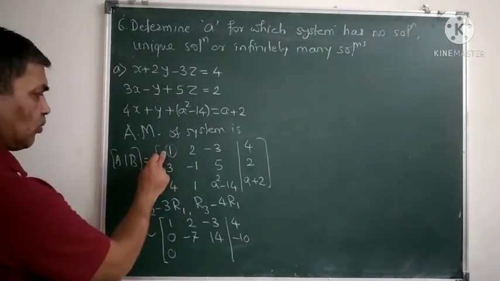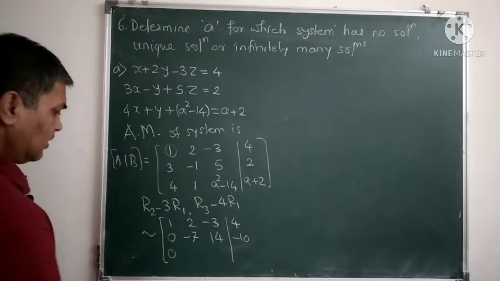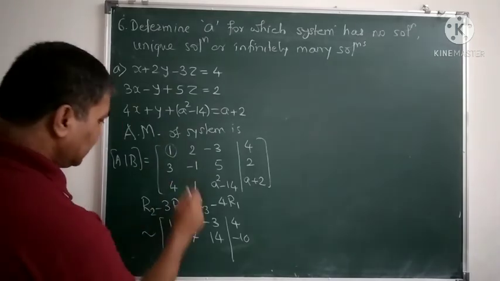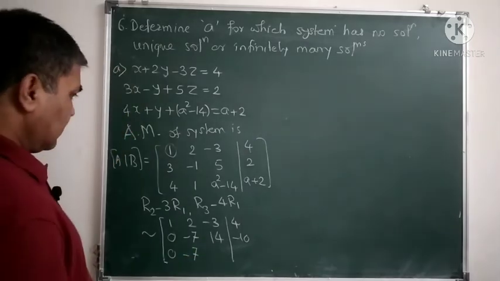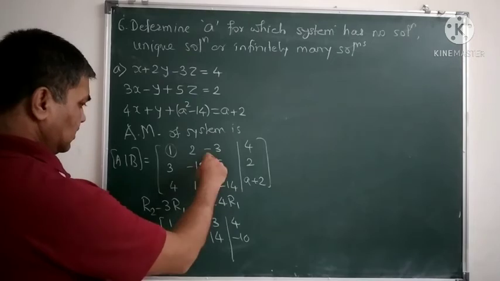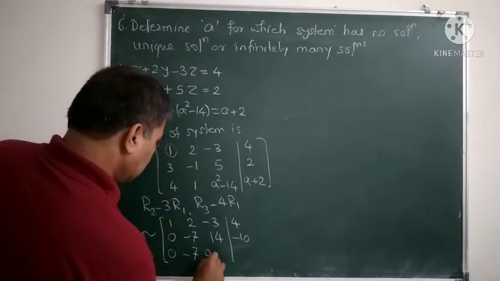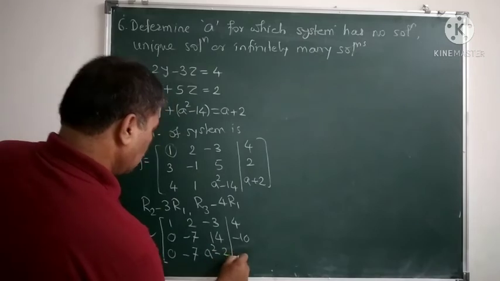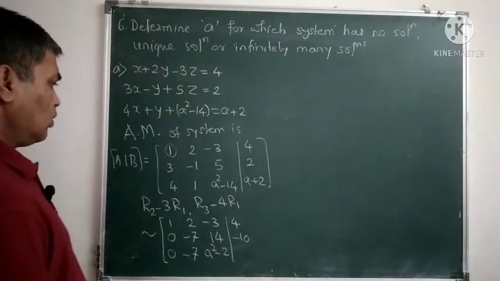You have to multiply the first row by 4 now. 1 minus 4 into 2 is 8, so 1 minus 8 is minus 7, right? And then a square minus 14 plus 12, so we'll get a square minus 2.